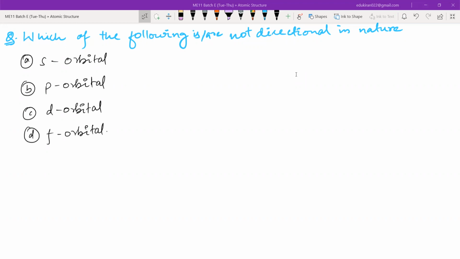P orbital, any of the orbitals, if you start reading them, you will get the answer. Let me know if you read s, p or d orbital and you don't find the answer. Okay, I'm waiting for you.